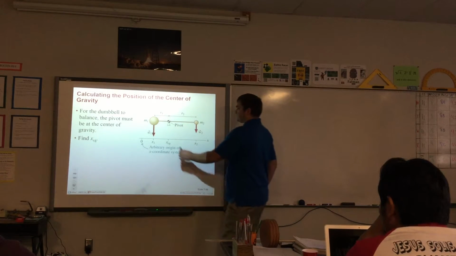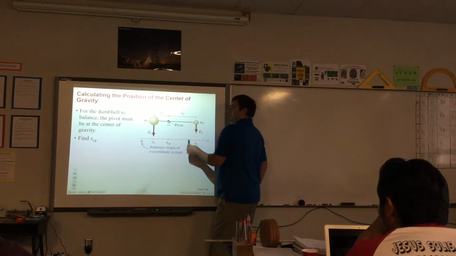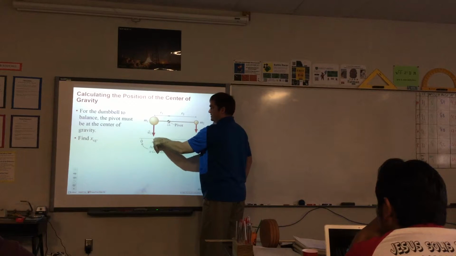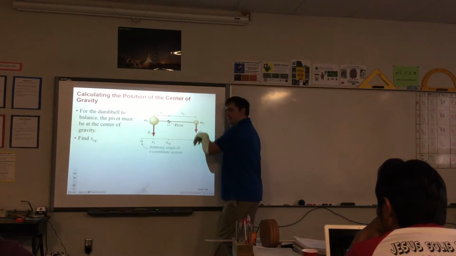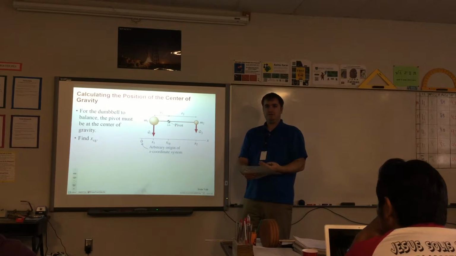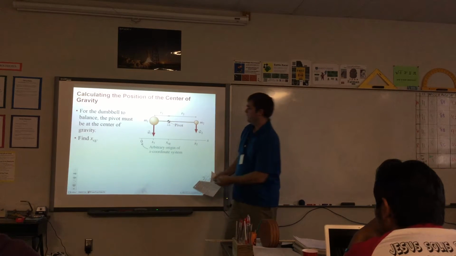So here we go. If this is completely balanced, then the torque caused by this and the torque caused by this object over here will completely balance out. Does that make sense? Hopefully it does.